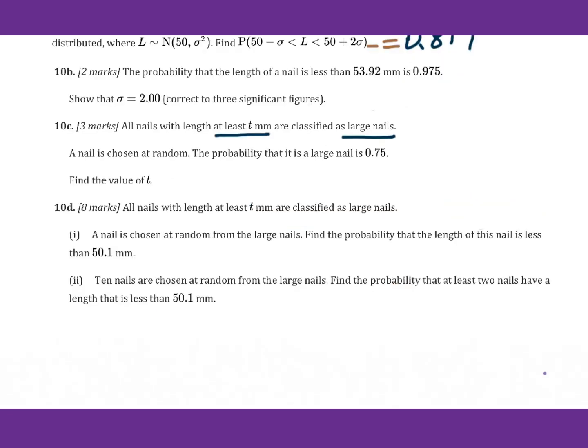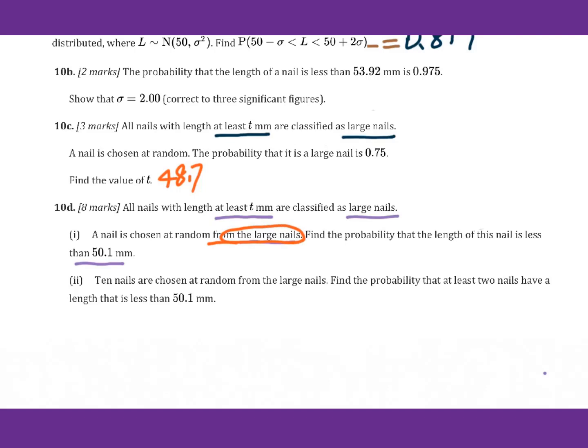All nails with length at least t millimeters are classified as large nails. A nail is chosen at random from the large nails. Find the probability that the length of this nail is less than 50.1 millimeters. This is a conditional probability because this nail is chosen from the large nails.